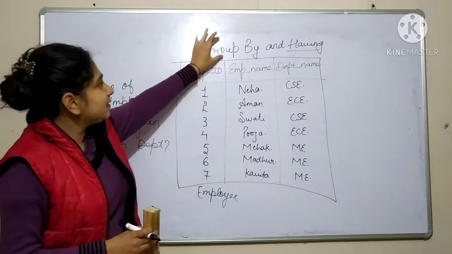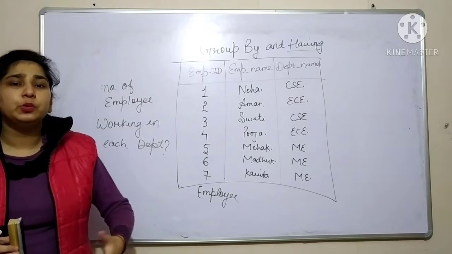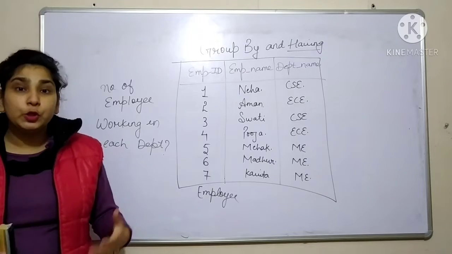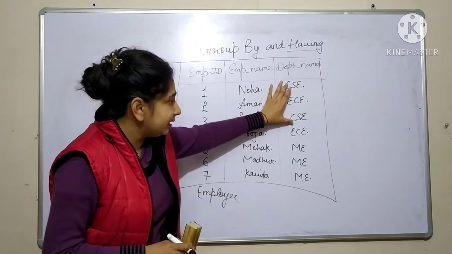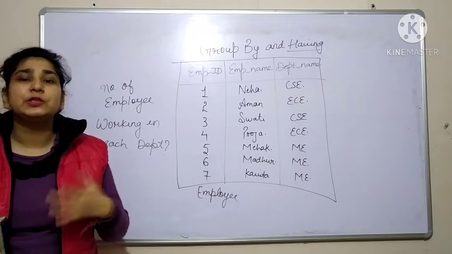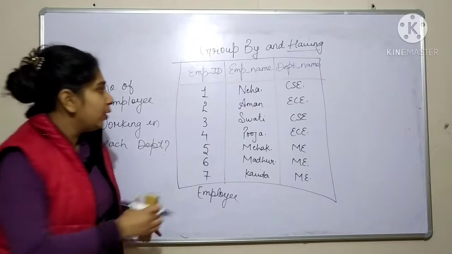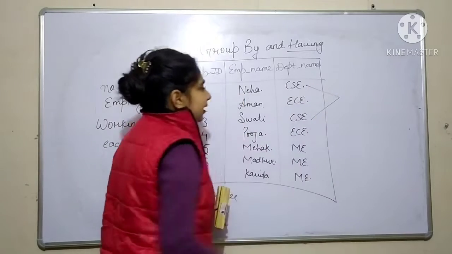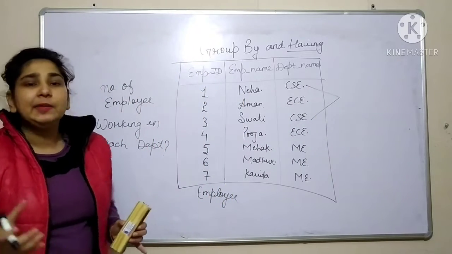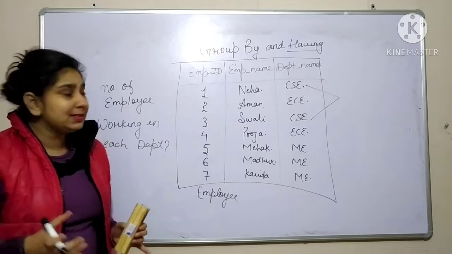So what is GROUP BY going to do? This GROUP BY is combining these two tuples together. It is going to collate all the CSE department employees at one place.